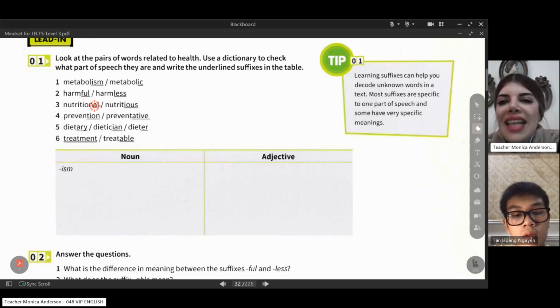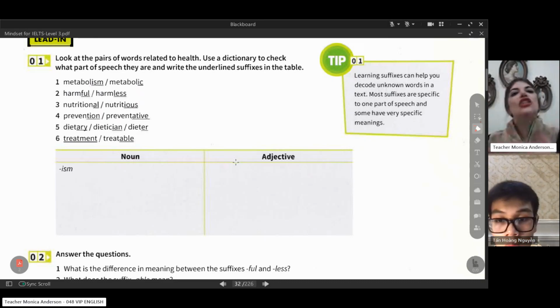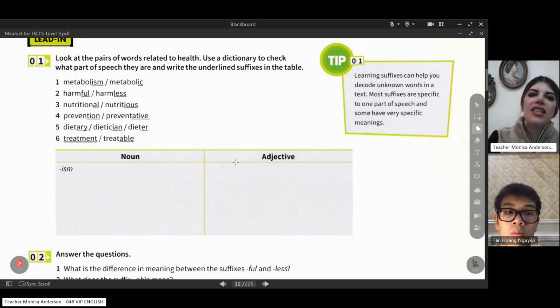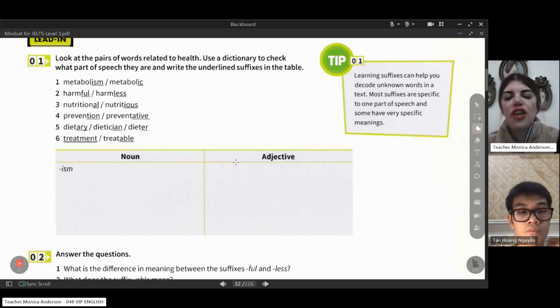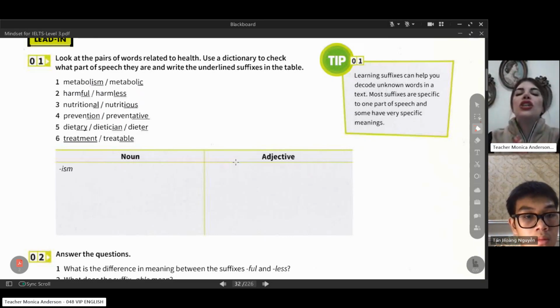Full and less, as you know, are adjective suffixes. When we add full or less, full is a positive suffix, less is a negative suffix. And when we add them to a word, we make a noun. I'm sorry, an adjective, I said noun.